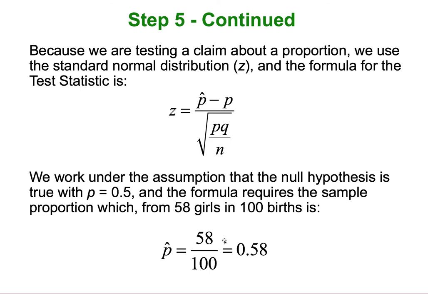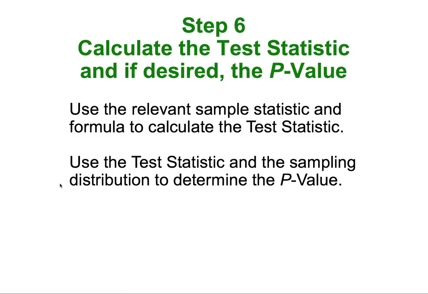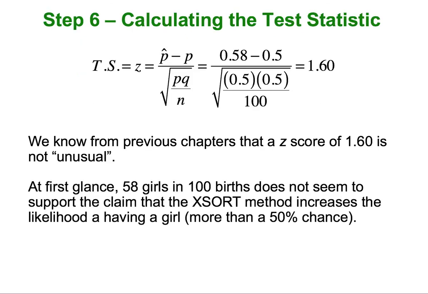The sample proportion is the number of successes, 58, divided by the sample size, 100, so that's 0.58. And so in making that calculation, which we see here, we find that our test statistic, the z-score, is 1.6.